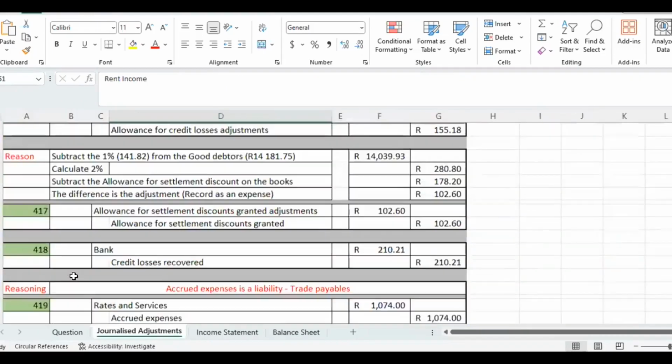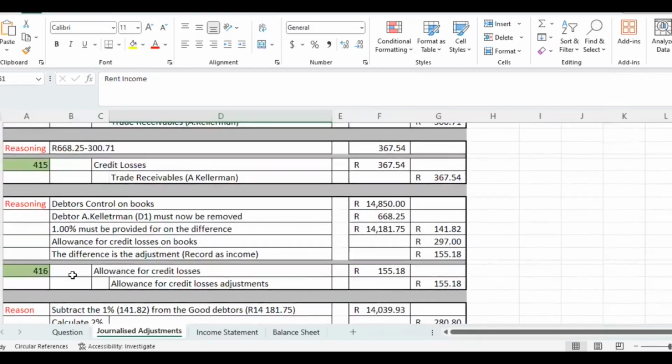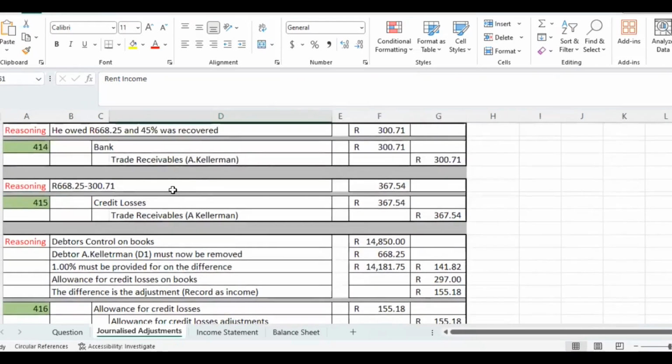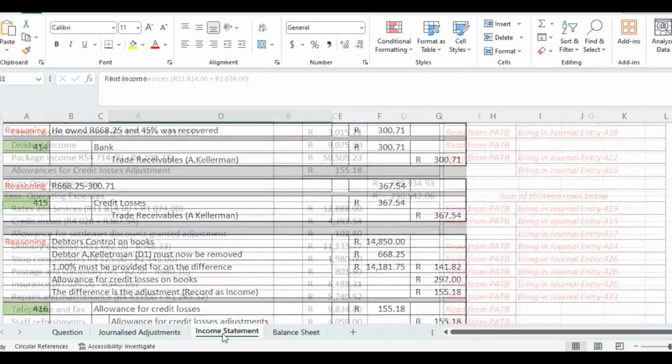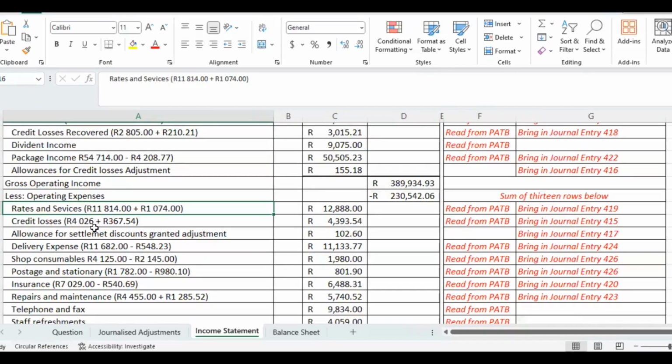We can quickly go and have a look at what happened in journal entry 415. It was Mr. Kellerman. Okay, remember, we could only recover 45% it was, and the rest we had to write off as irrecoverable. Okay, so therefore it will increase the credit losses.